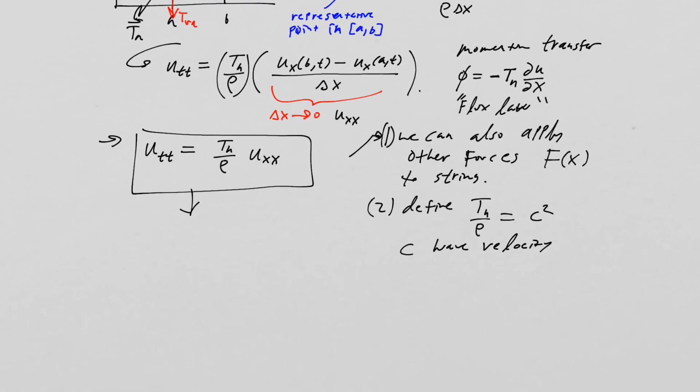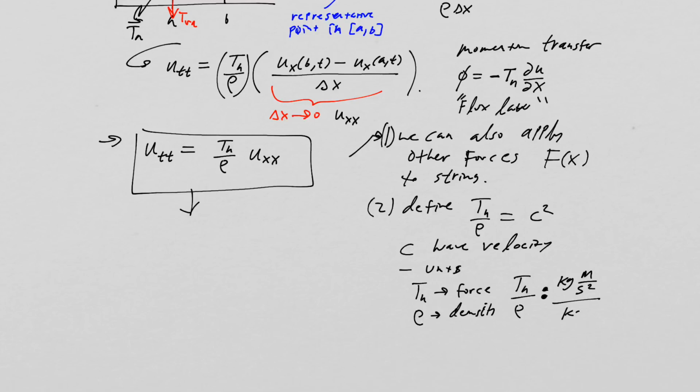Let's figure out what that wave velocity is. Figure out the units. So T_H, that's a force. And rho, that's of course a density. Put them together, T_H over rho. What we have here, of course, is kilograms times meters per second squared, all over kilograms per meter.